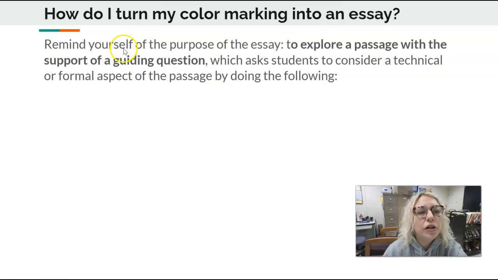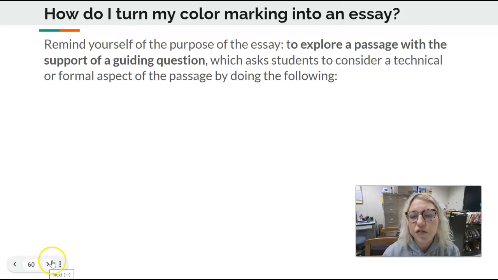Our first tip here is to remind yourself of the purpose of the essay, and this is right from the IB organization language, their guide. According to IB, the purpose of this exam, paper 1, the guided literary analysis essay, is to explore a passage with the support of a guiding question, which asks students to consider a technical or formal aspect of the passage by doing the following.